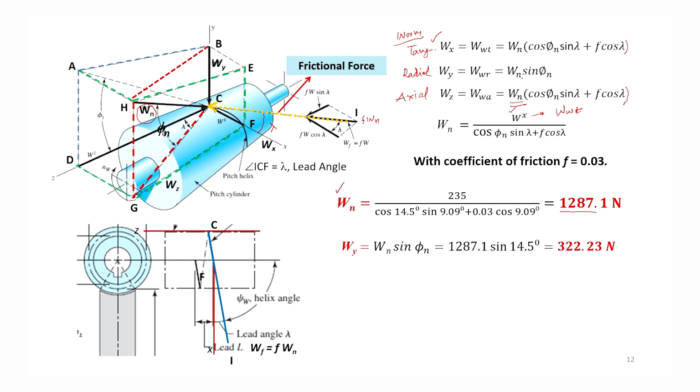The Wy is equal to Wn sin phi n, it comes as 332.23 Newton, and Wz, force in the direction of axis of rotation of the worm, is given by this one. Here we have taken consideration of the coefficient of friction, and so the force acting in the direction of z is 1244.8 Newton. So, at the pitch point, we determine the forces which will act in the direction of x, y and z of the worm, where x is the tangential direction, y is the radial direction and z is the axial direction of the worm.